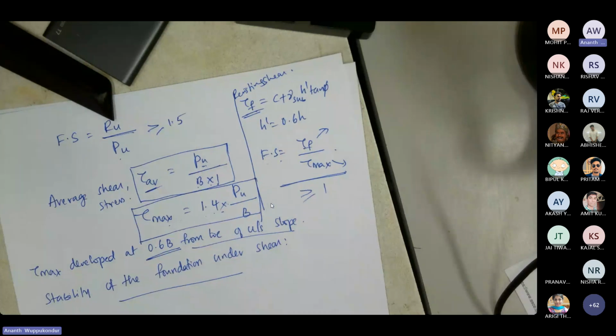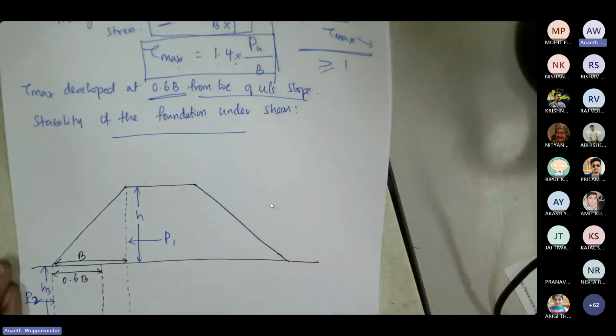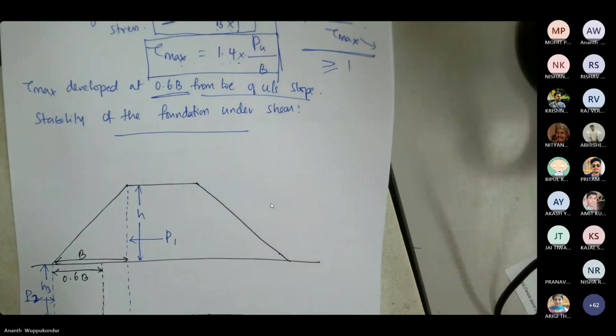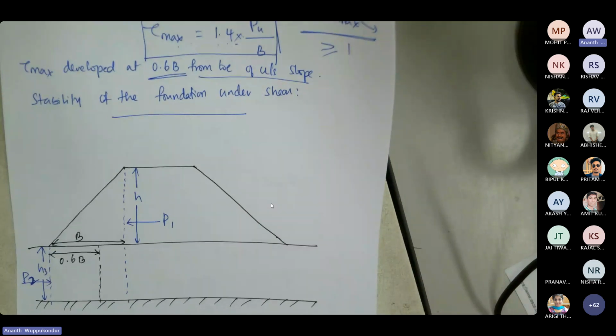And once you do that, then now we will progress on to the stability of the foundation. So we would consider now the shear forces on the foundation of the embankment as well, and see if the foundation is going to be stable or not.